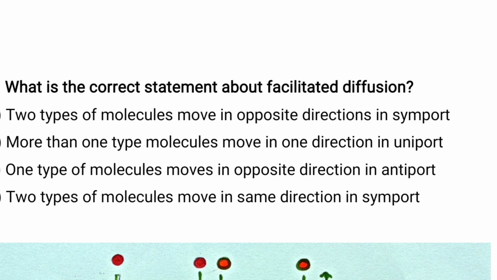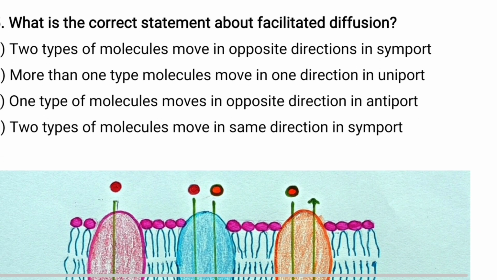So you know facilitated diffusion. But here you have to know what Uniport, Symport and Antiport are. Then only you will answer this question properly. Look at the picture carefully.